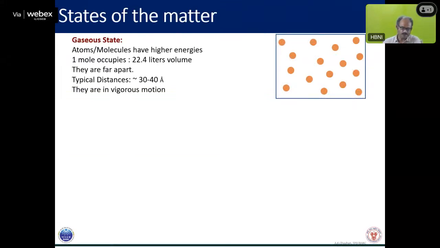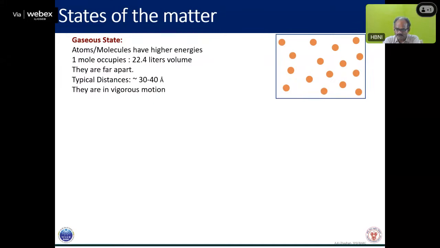We saw that crystals are required in order to make devices or in order to make semiconductors. So first, let us see in what way these materials differ from other phases. If we start, you have atoms, but these atoms have very high energy. When they have very high energy, they remain in gaseous or vapor state.